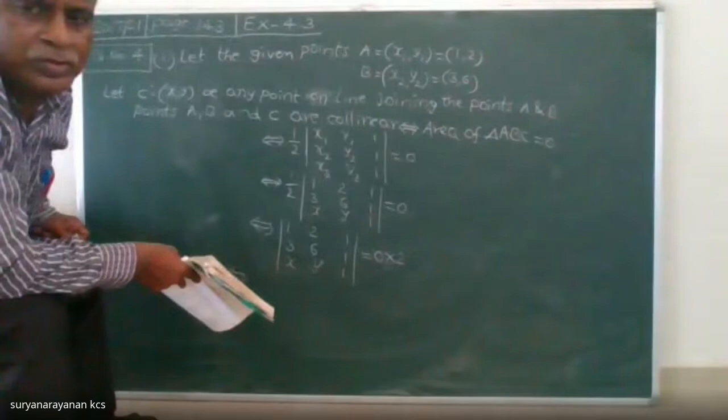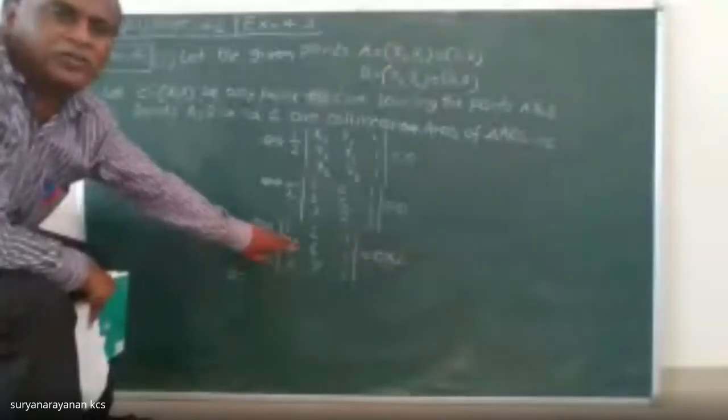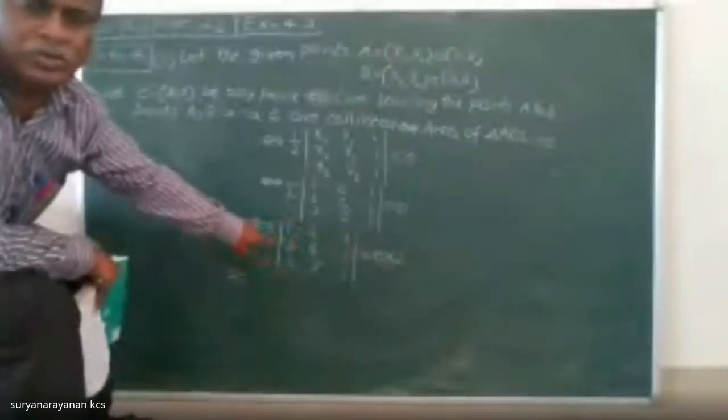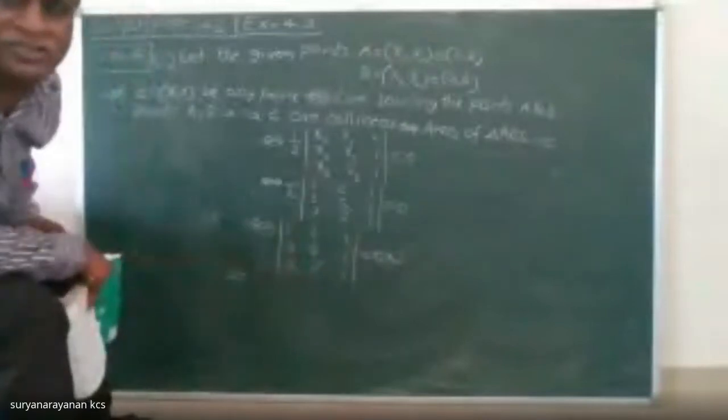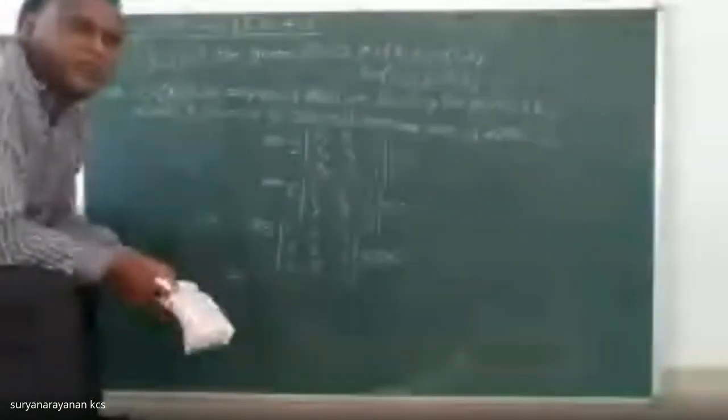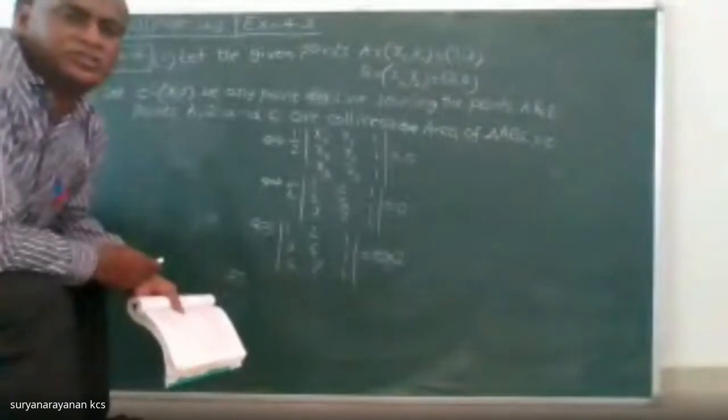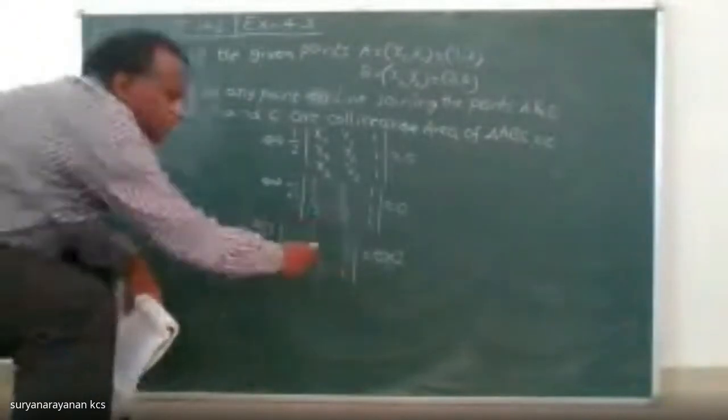How do you expand this determinant? Along R1 or R2 or R3 or C1 or C2 or C3? Tell me. C3, sir. Okay, C3. See, these are selected to expand this determinant along C3.